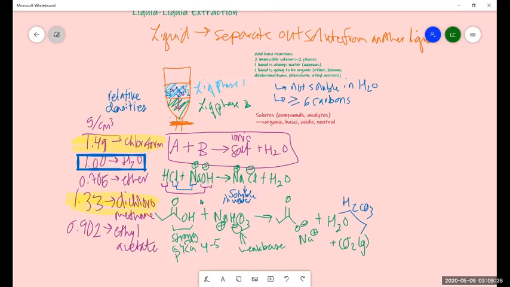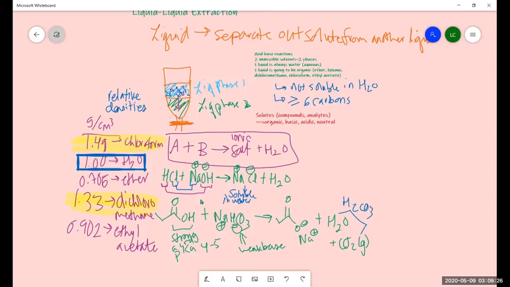This is a stronger acid, with a pKa of about 4 or 5, and this is just a weak base. So what happens is you just deprotonate it, and you get the carboxylate minus with Na plus.